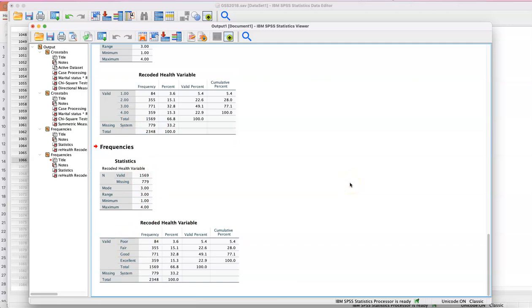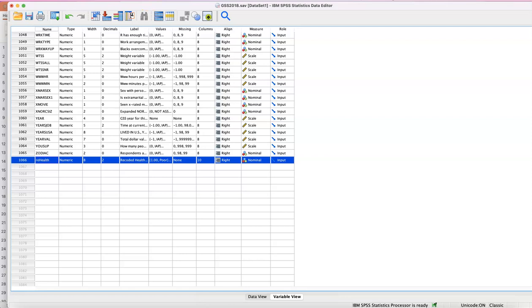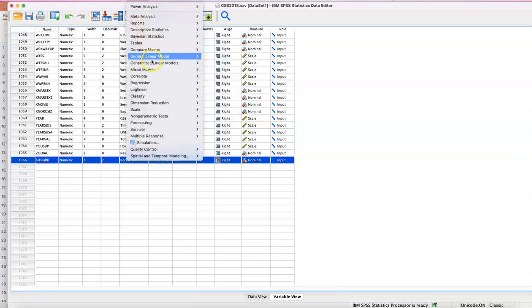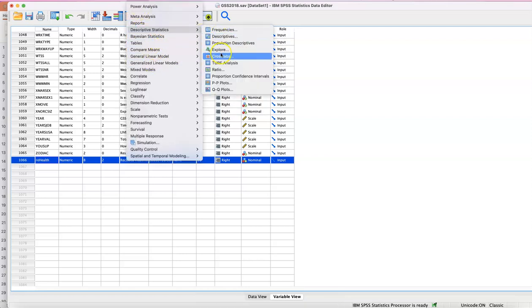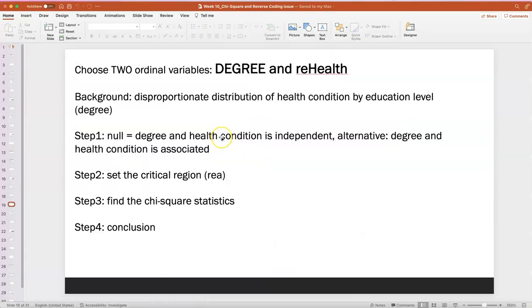So now we have a very aligned and consistent direction of the coding of the variable and the meaning of the variable. Coming back to degree, degree is also coded so that a higher number is a higher degree. So let's analyze.